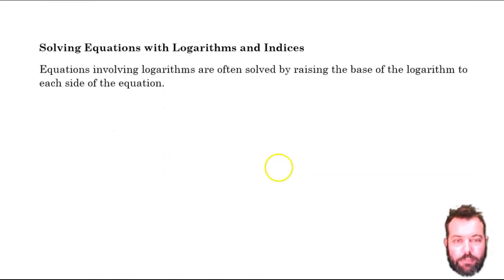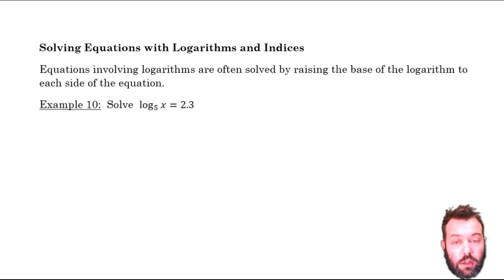Now, let's have a look at a couple of other examples of how we can solve equations using logs and indices. So if I had this problem here, the log base 5 of x equals 2.3, understanding what that logarithm notation represents makes it fairly simple to solve this.